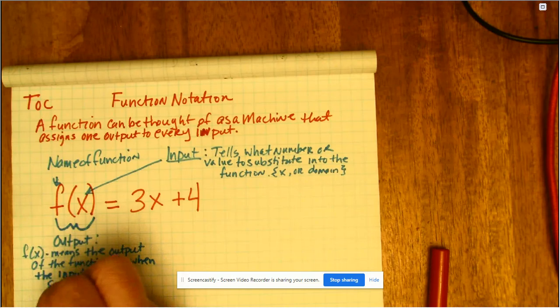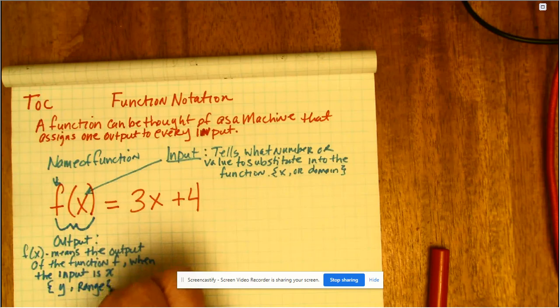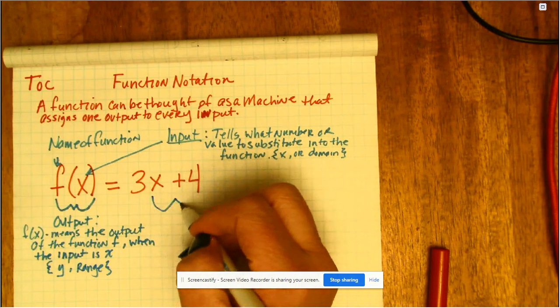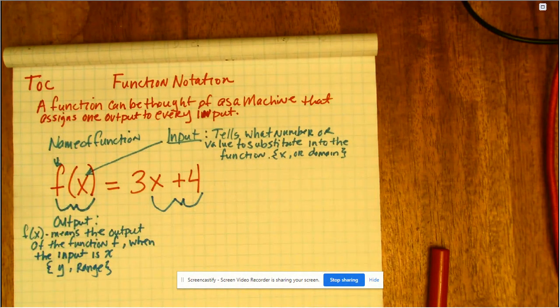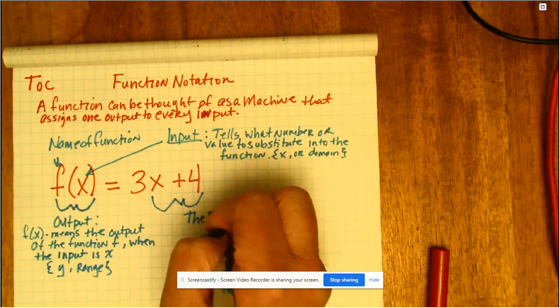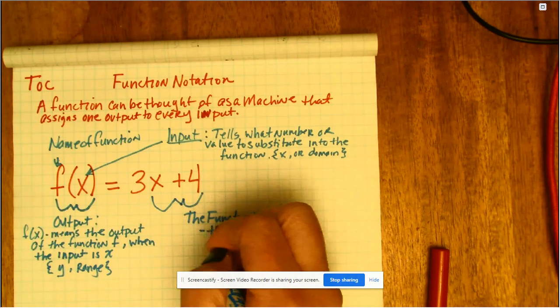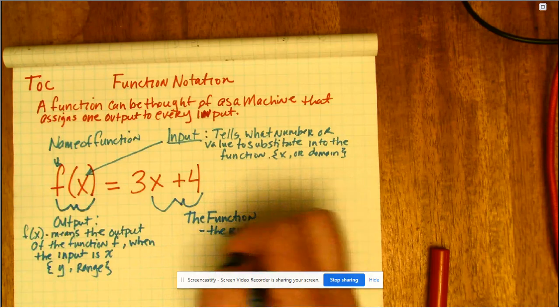And these create our y coordinates or our range, our elements of range. And then this piece together is the function. Sometimes people like to call it the rule. This is telling you what needs to be done.